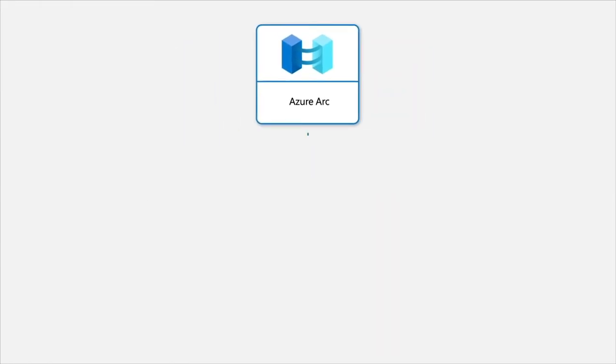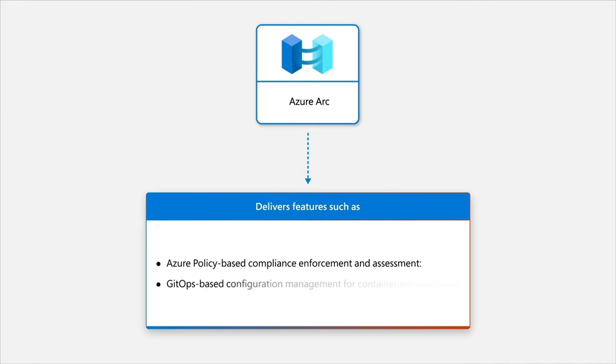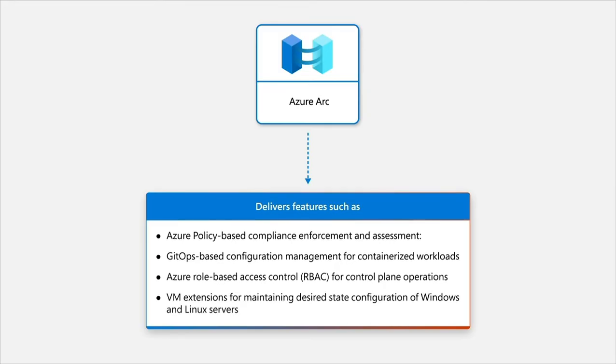In addition, Azure Arc delivers such features as Azure Policy-Based Compliance Enforcement and Assessment, GitOps-based configuration management for containerized workloads, Azure Role-Based Access Control, or RBAC, for the control plane operations, and the use of VM extensions for maintaining desired state configuration of Windows and Linux servers.